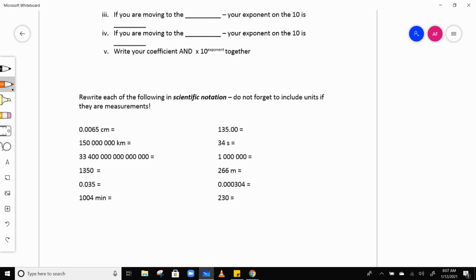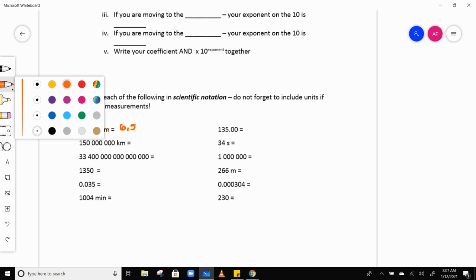Okay, so here we start with 0.0065, so we're going to look at this one first. So this number, if you want it to be in scientific notation, it has to be a number between 1 and 10 times 10 to some power. Okay. So first of all, we look at this number, and we make it 6.5.